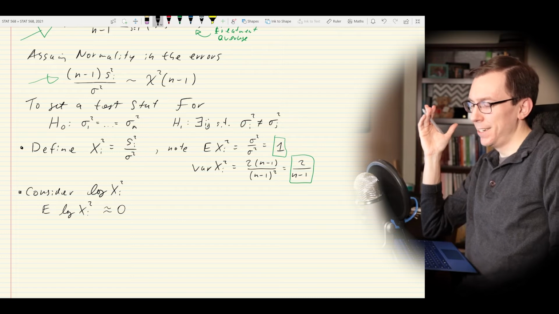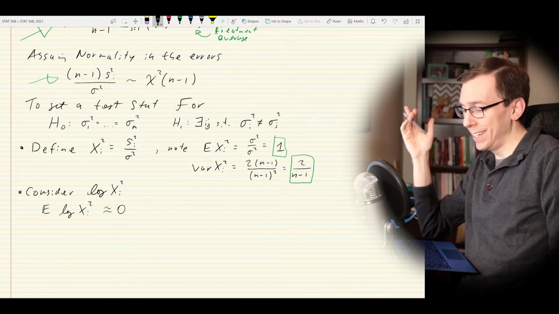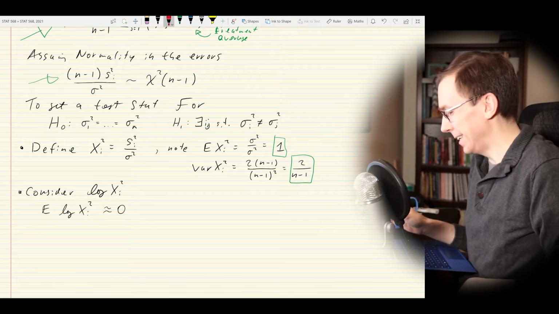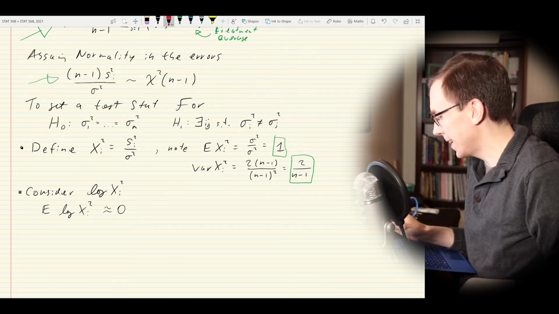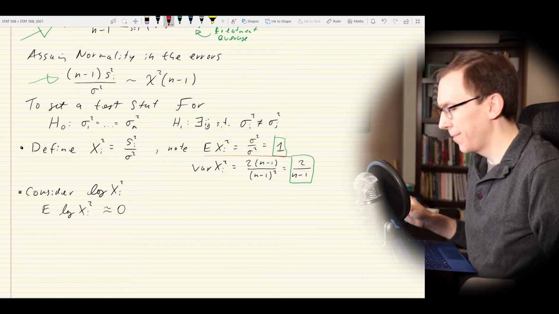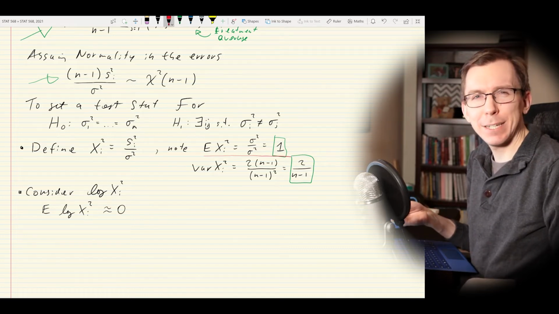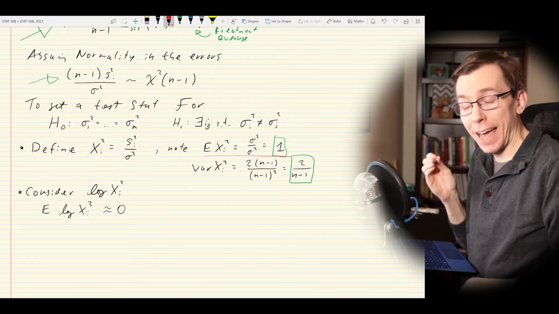So that's not unreasonable, because intuitively, if the expected value of chi i squared is equal to 1, then if I take the log of 1, I get 0. But that's not how expectations work. So we have to be a little careful.